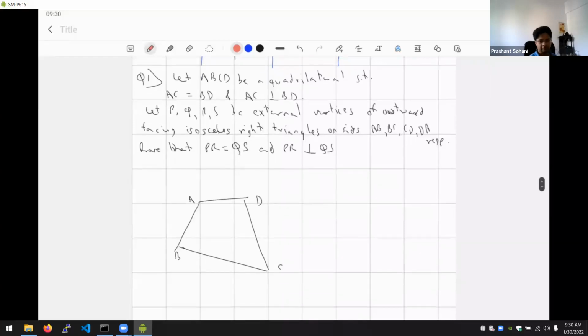ABCD is a quadrilateral whose diagonals are equal and perpendicular. Then on each side, I am drawing an isosceles right angle triangle. Okay, and these external vertices we are calling PQRS. Then we have to prove that PR and QS are also equal and perpendicular.